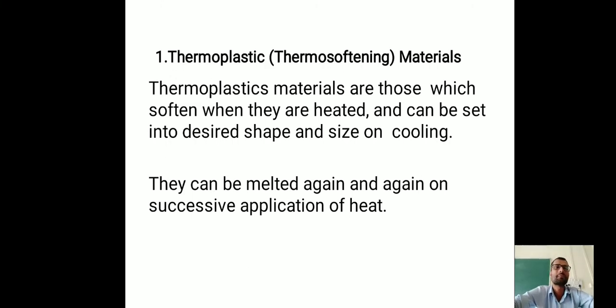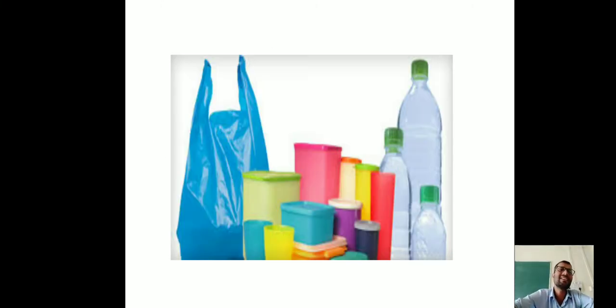So likewise, this happens again and again, and it is called thermoplastic material. And these are typical examples of thermoplastic materials in our day-to-day life: polythene bags, water bottles, tiffin box, likewise. These are popular examples of thermoplastic materials.